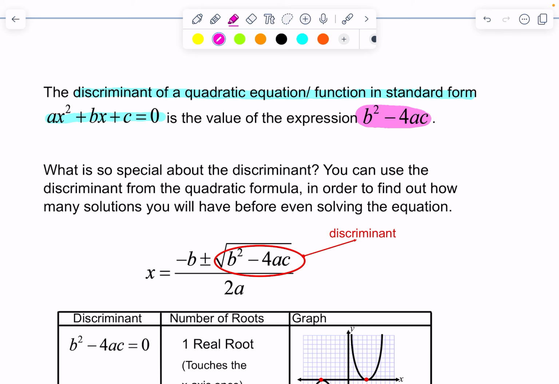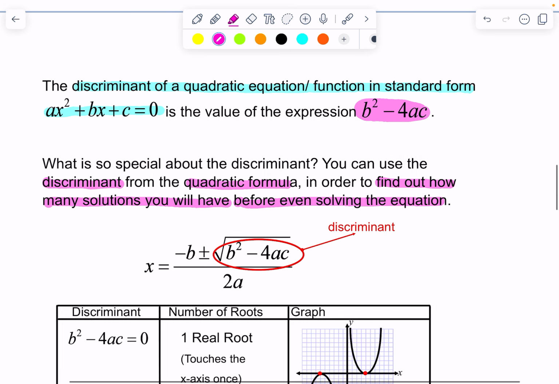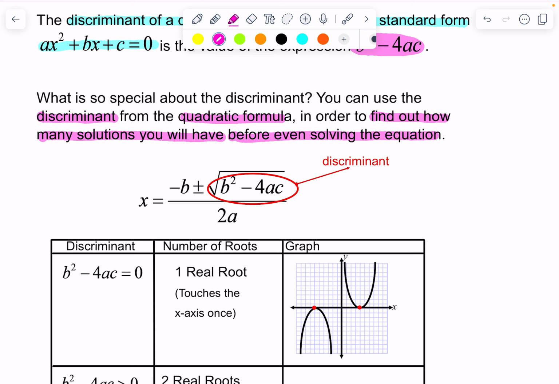Well, you can use the discriminant from the quadratic formula in order to find out how many solutions you will have before even solving the equation. So it's pretty handy to know how many solutions you're going to have and what kind of solutions they're going to be. Once again, the discriminant is the inside part of the radical, or in other words, the radicand. You do not have to find the square root of it.